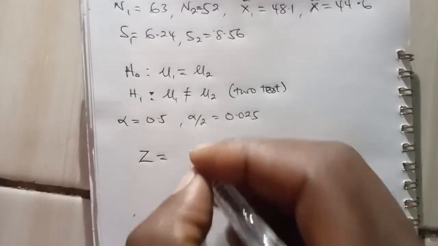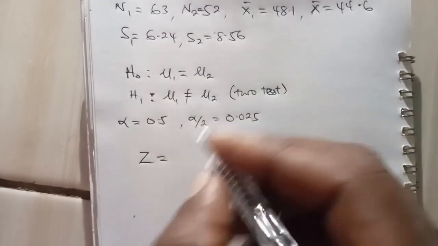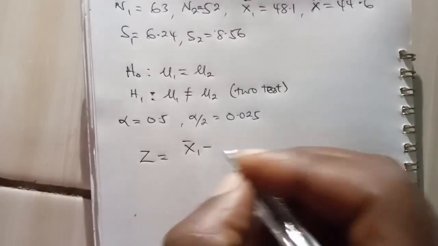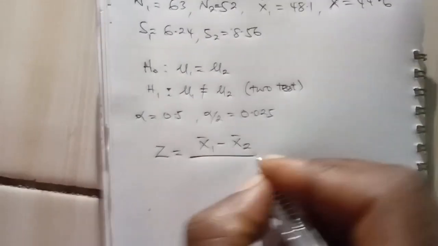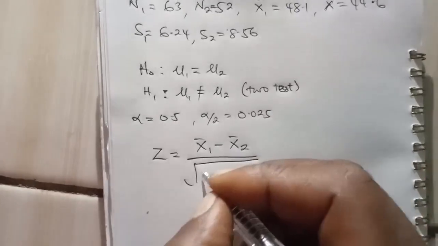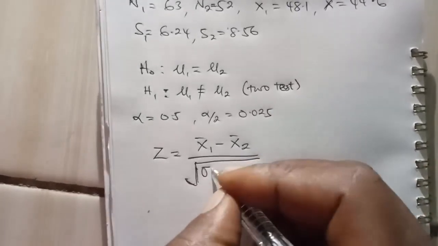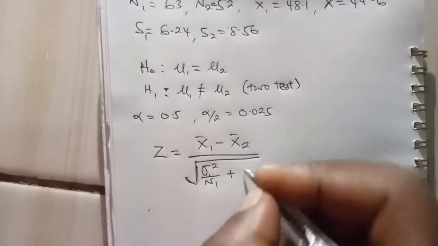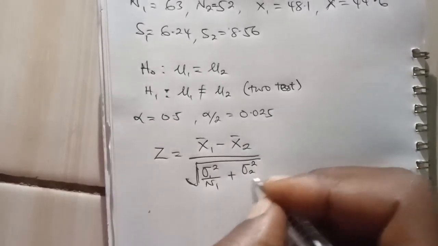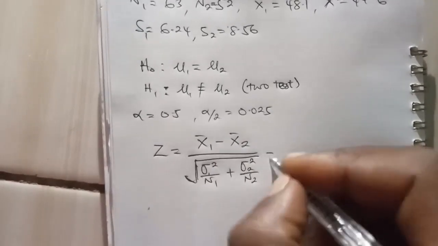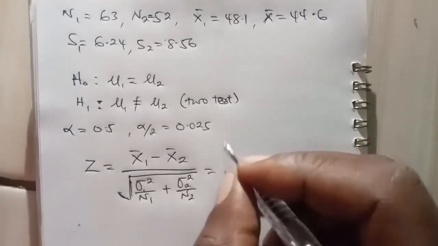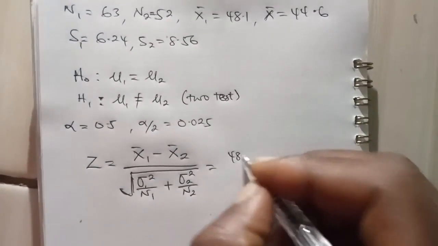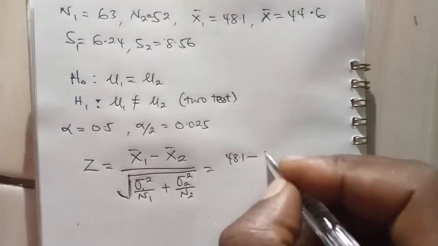And z is given for two populations. We have x bar 1 minus x bar 2 all over square root of sigma 1 squared over n1 plus sigma 2 squared over n2. So if we put the values, the first one is 48.1 minus 44.6 over square root of the first standard deviation.